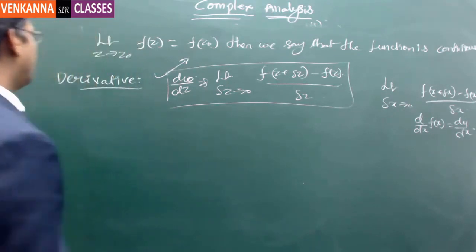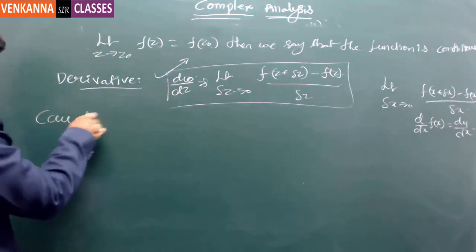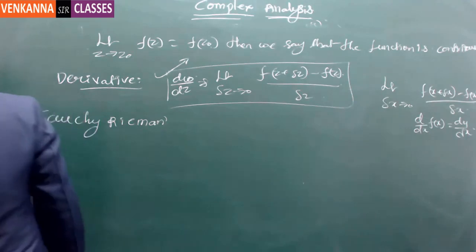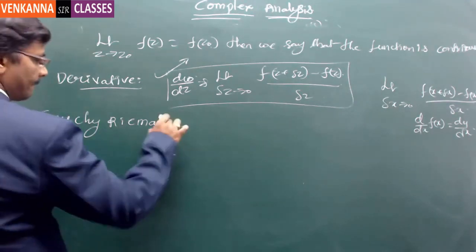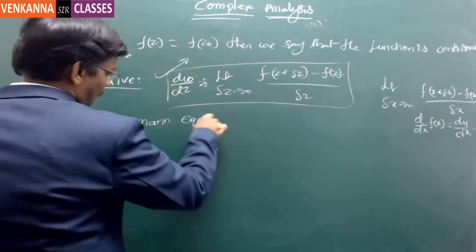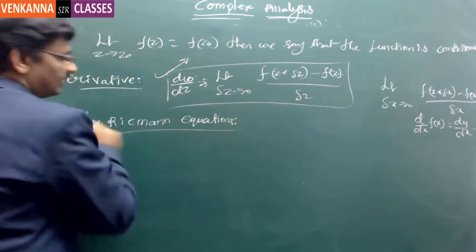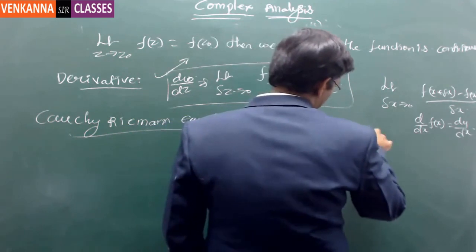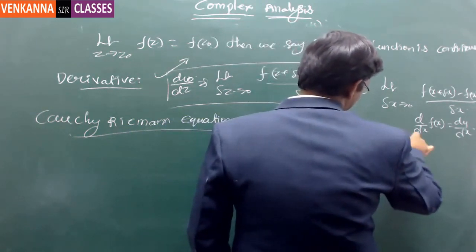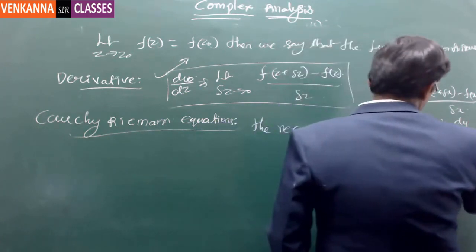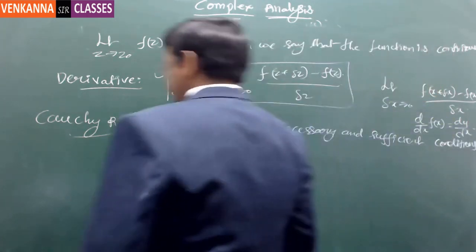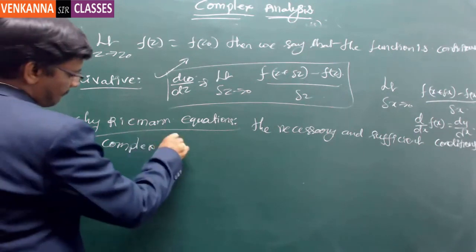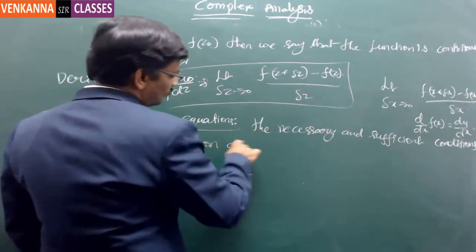Now, for that there is a theorem called Cauchy-Riemann equations. These are the necessary and sufficient conditions for a complex function derivative to exist.